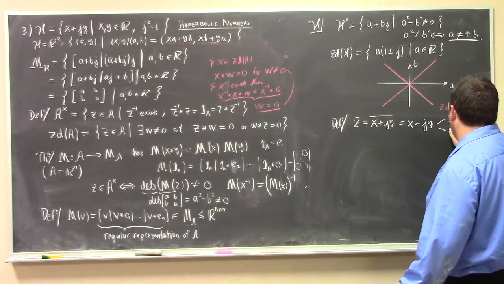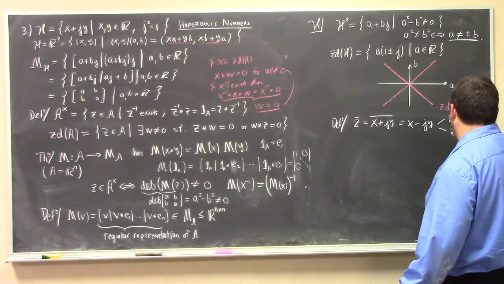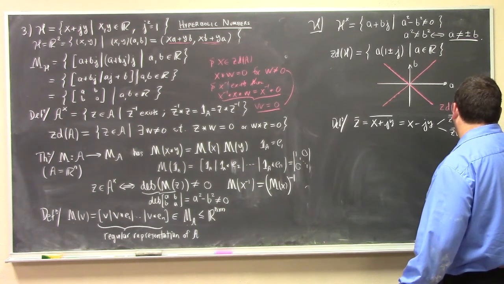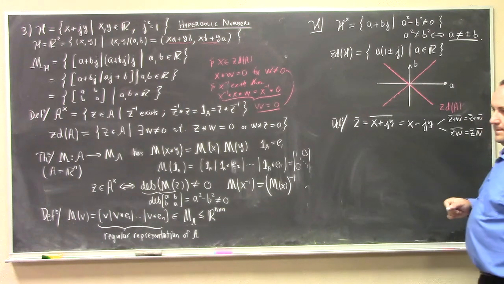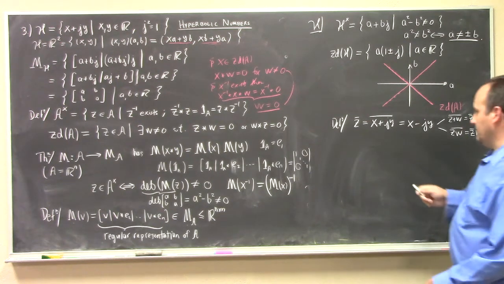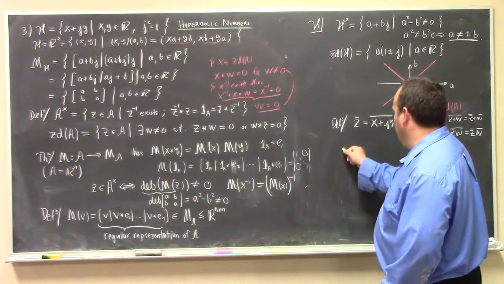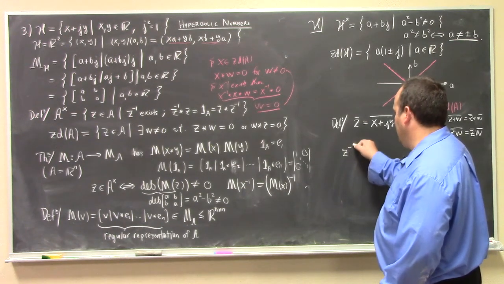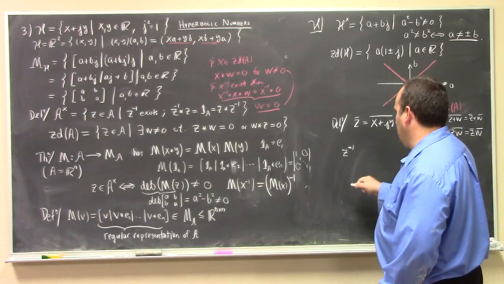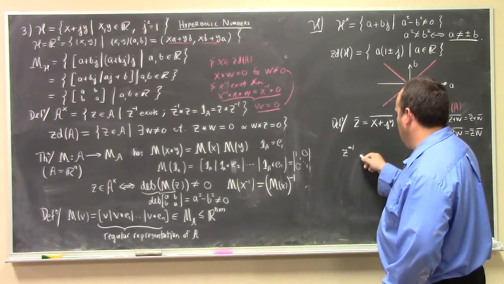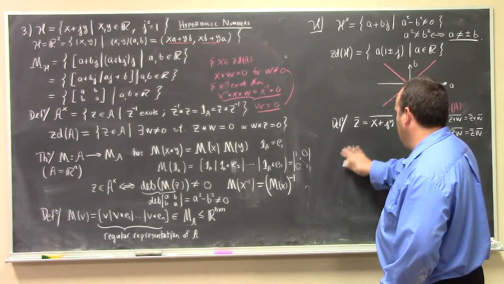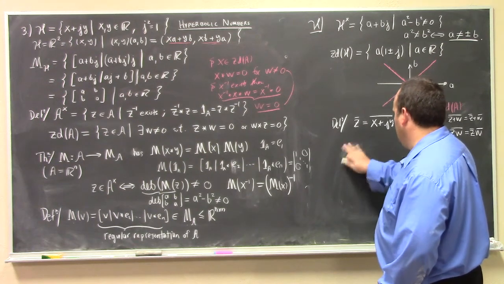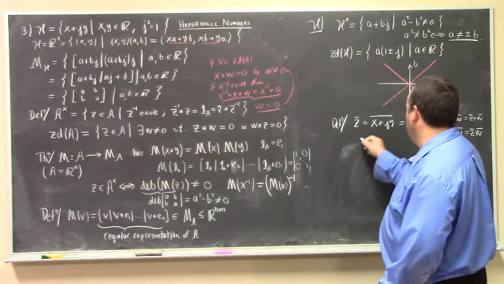But more interestingly, zw conjugate is the product of the conjugates. So if you want to have z inverse, basically what you do, and well, z times z bar here is what?